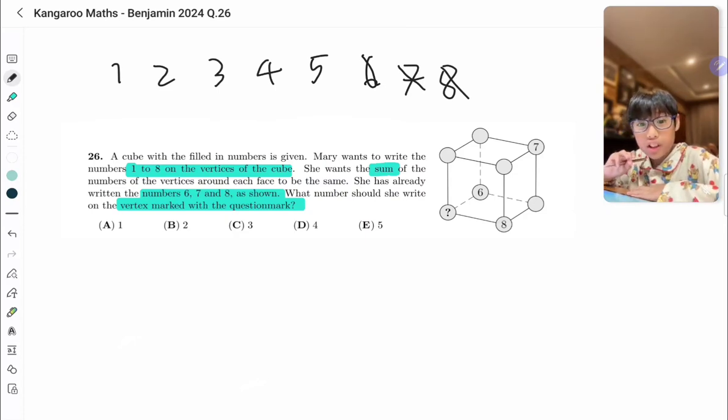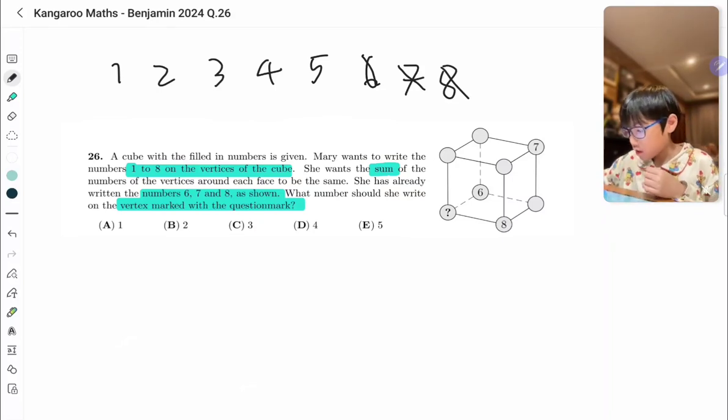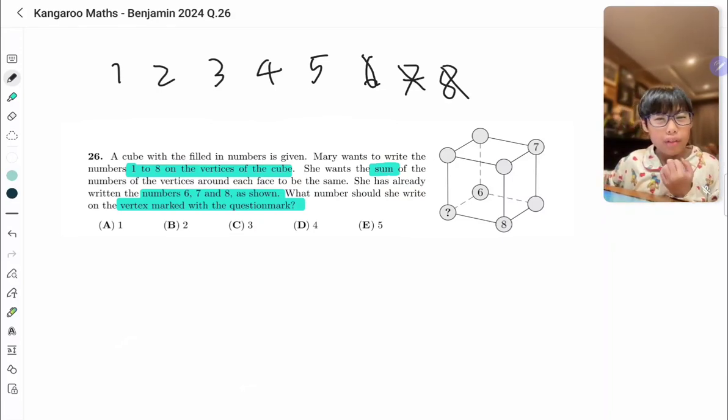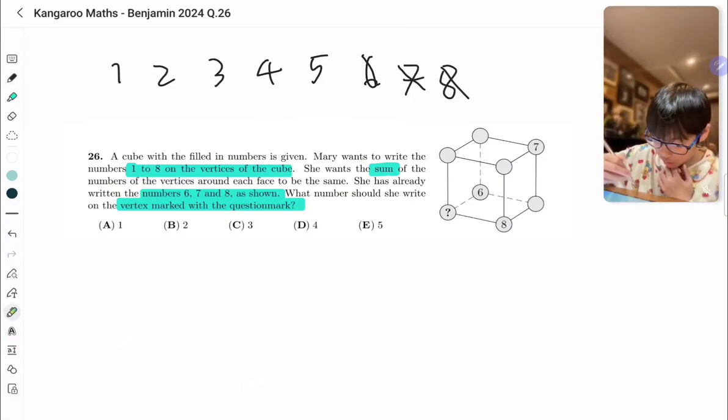Right now they're mentioning a lot about faces. The face of a square, not like my face. And they're also mentioning a lot about vertices or corners. That makes me wonder how many faces a corner is in. Okay, let me count.